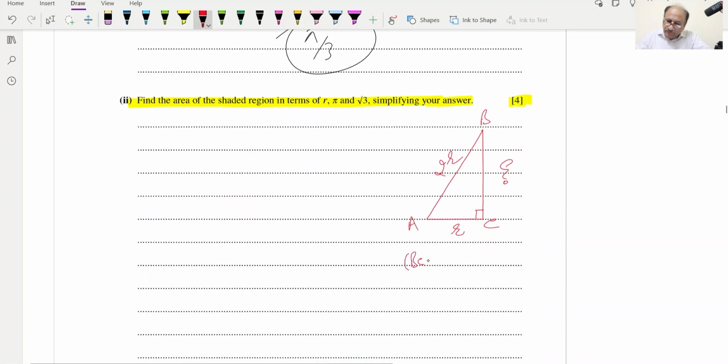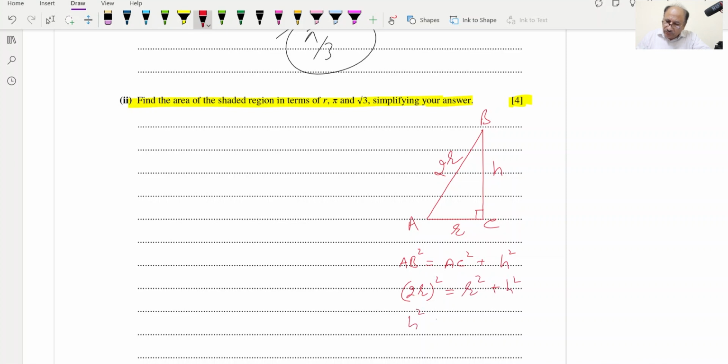To find BC, we can write AB squared is equal to AC squared plus BC squared. Say this side is h, so AB is 2r, squared, is equal to r squared plus h squared.